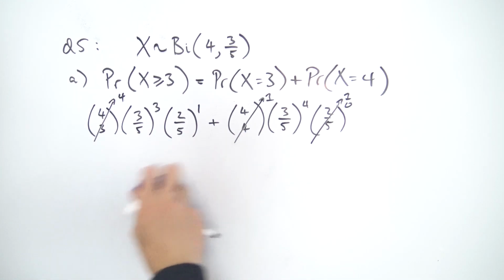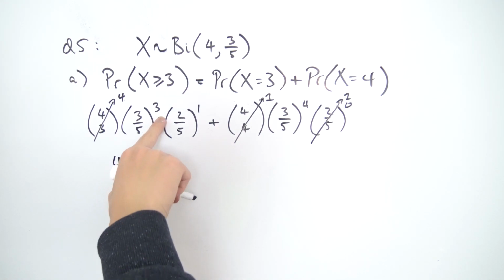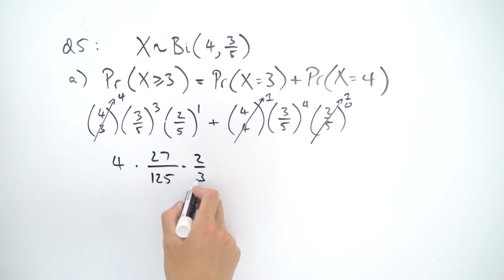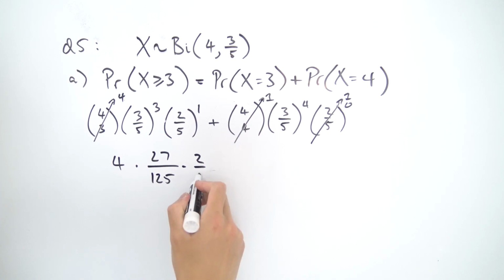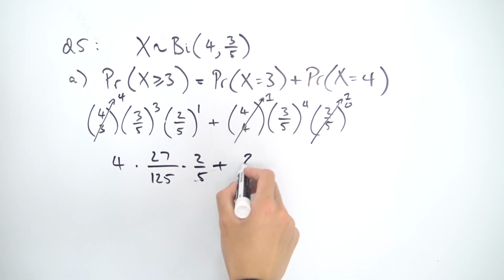And now we just have to do a little bit more arithmetic, so 4, and now we have 3 cubed, which is exactly 27, and 5 cubed is 125 times 2/5, not 3/5. And then plus, now 3 to the 4 is exactly 81.